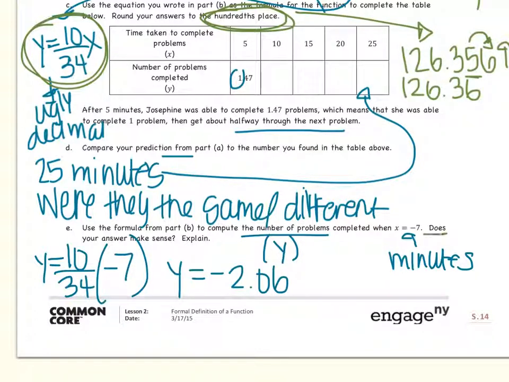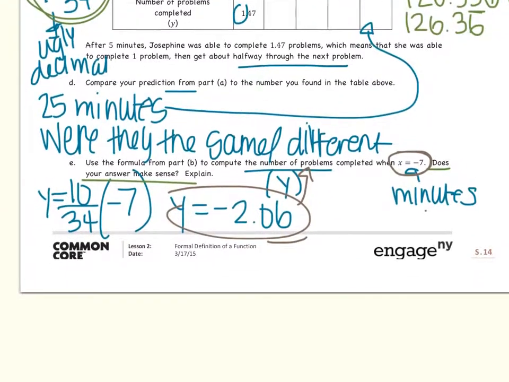So we have to answer, does our answer make sense? Now I got to look back in the context of the problem. X was negative 7 minutes. Y is the number of problems. Does it make sense for Josephine in a negative amount of time to complete negative problems? Is it even possible to have a negative amount of minutes?